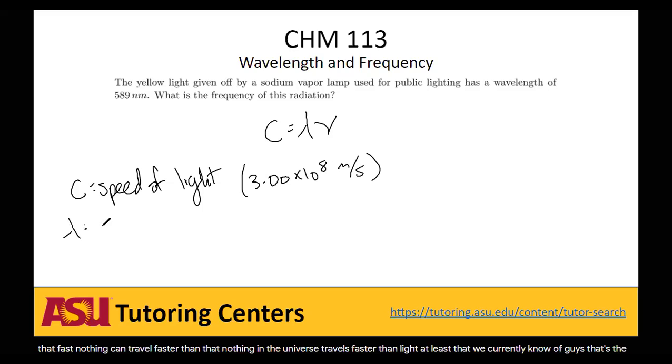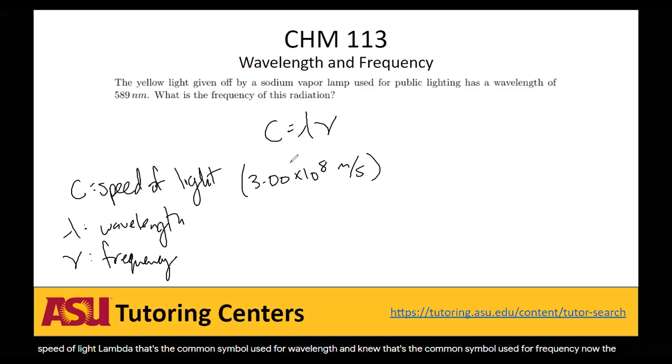Lambda is the common symbol used for wavelength, and nu is the common symbol used for frequency. Now, wavelength is often measured in nanometers, and frequency is often measured in inverse seconds, so 1 over seconds, or seconds to the -1 power.